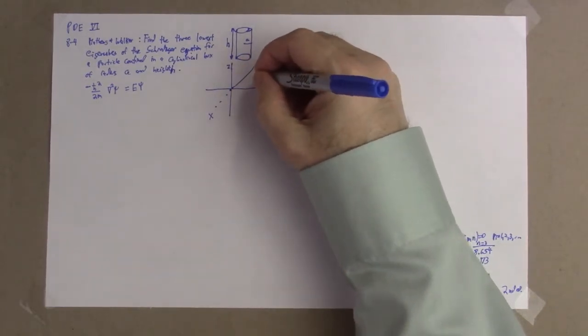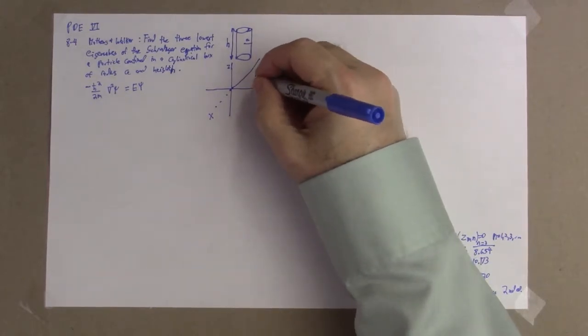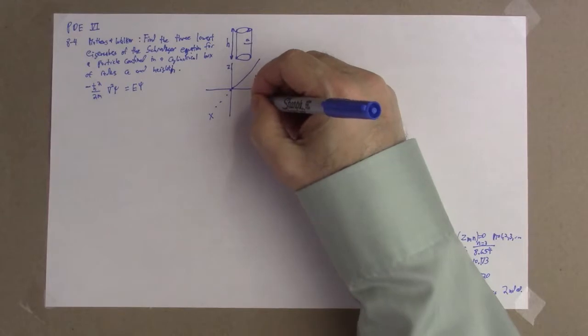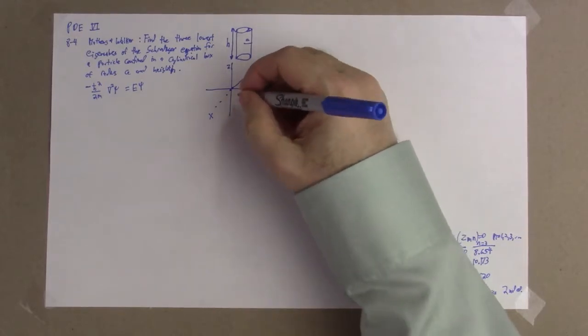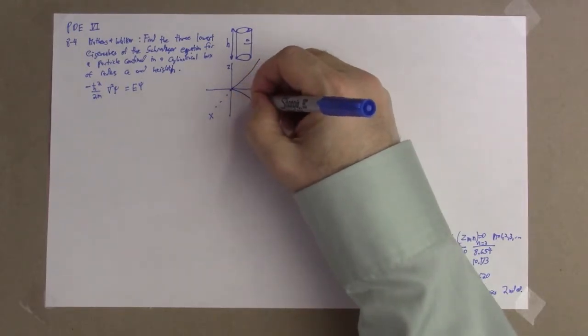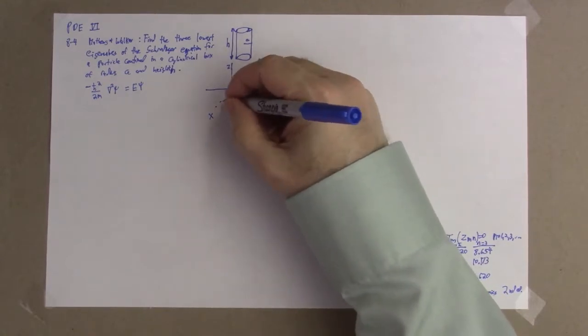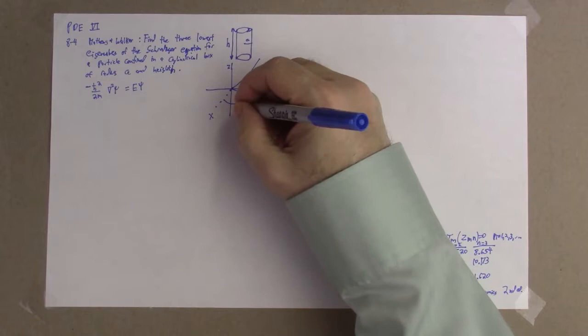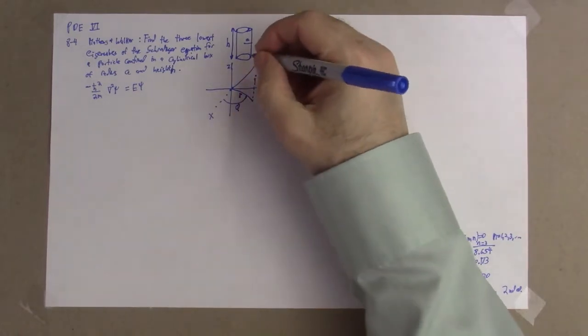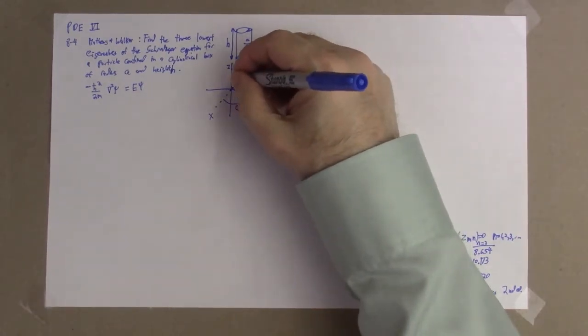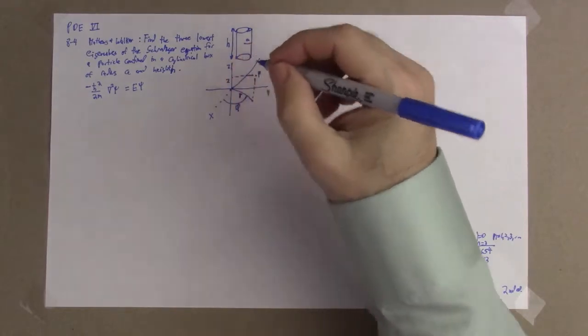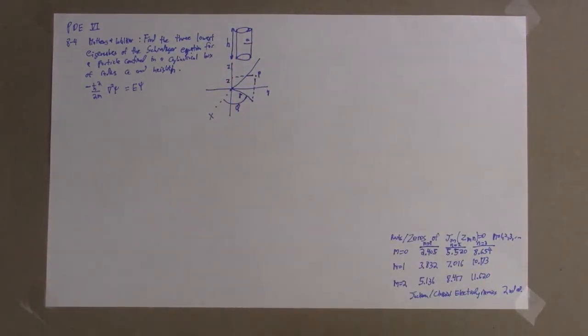And point P will project down to the xy plane. This will be r, this angle here will be phi, and the height will be z. Okay, so that's our coordinate system.